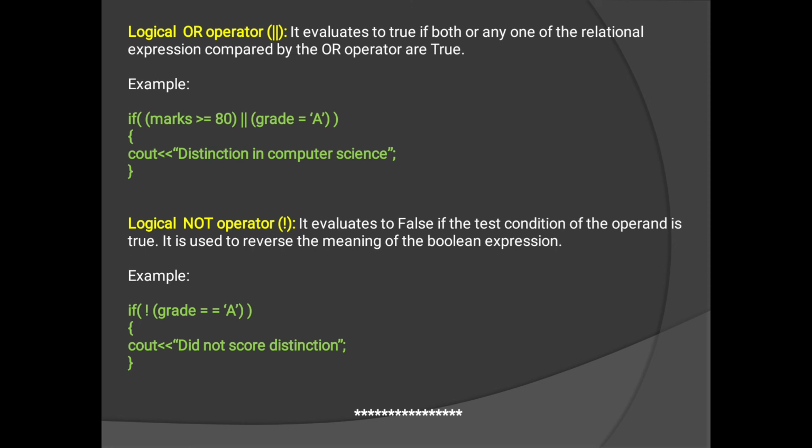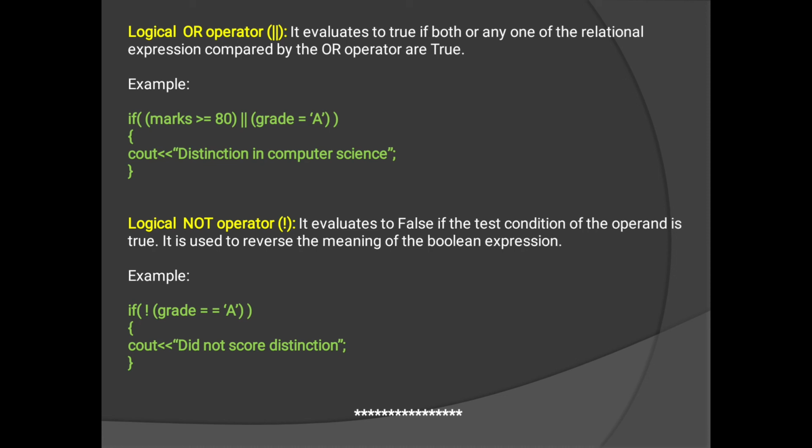So now, logical OR operators. In logical OR operators, it evaluates to true if both relational expressions, or any one of the relational expressions compared by the OR operator, turn out to be true. So you can see in the example, if the marks entered by the user is equal to 80, and grade is the variable.